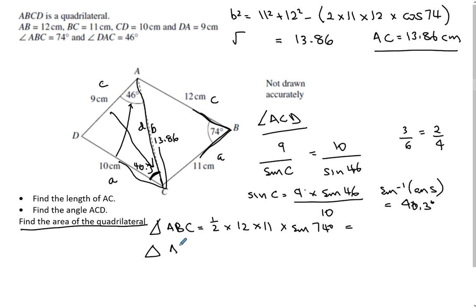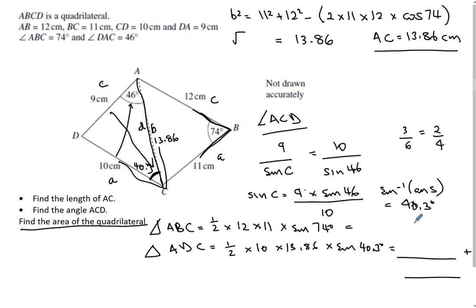triangle ADC equals half times 10 times 13.86 times sine 40.3. Then I go on my calculator. I'm all prepared. I know I'm going to add them up.